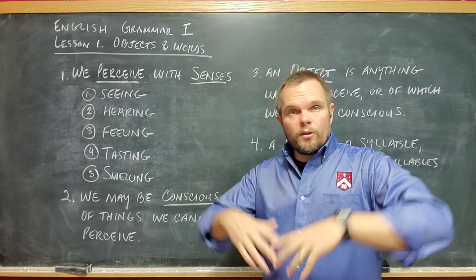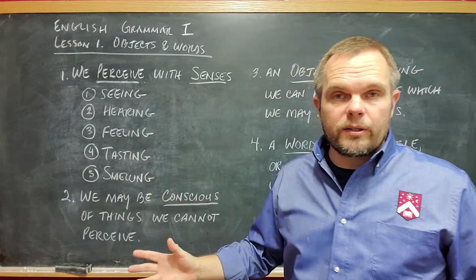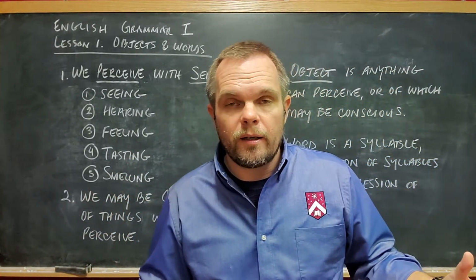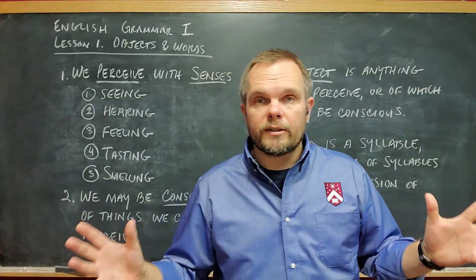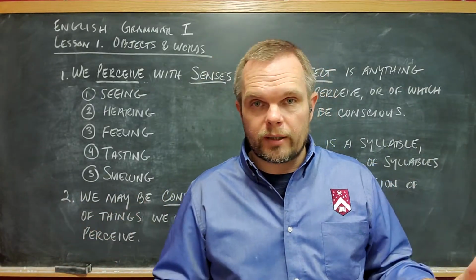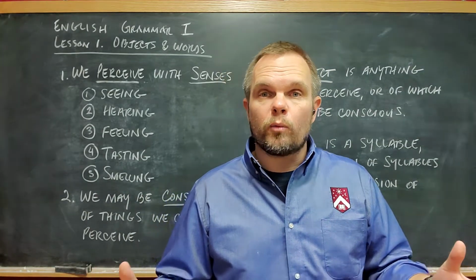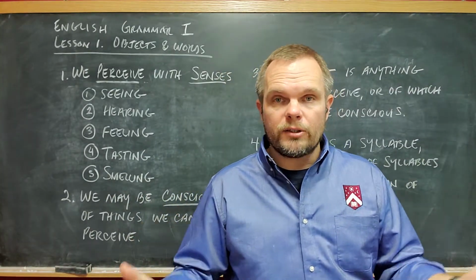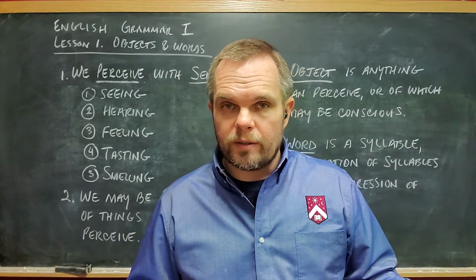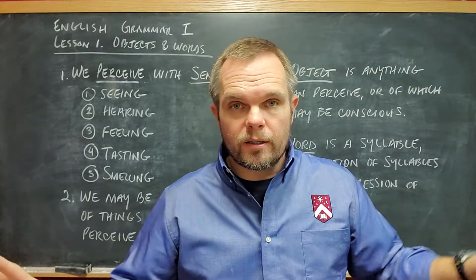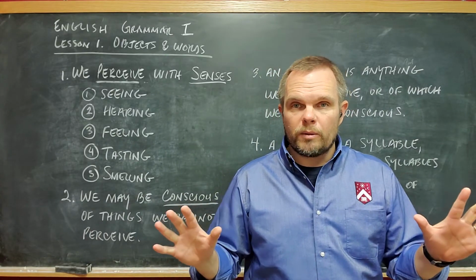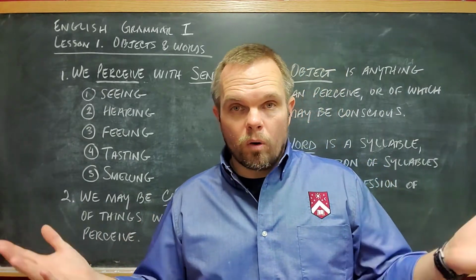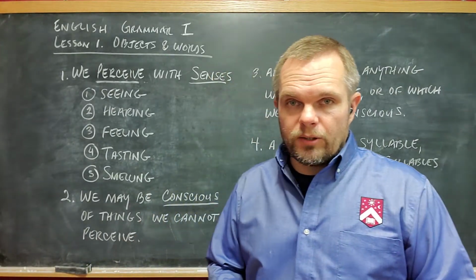So, in the world all around us, everything that God has made, we can say that all of the things that God has created are objects. They are things that we may be conscious of or perceive. Everything that God has created is an object, something that we may perceive or of which we may be conscious.